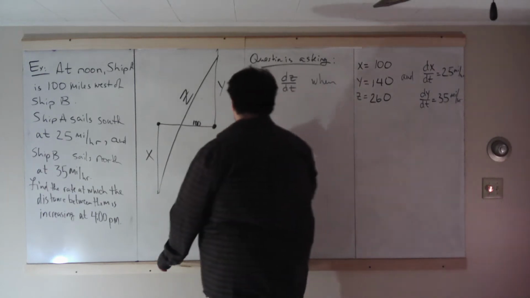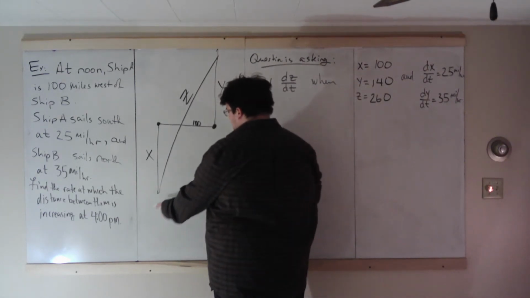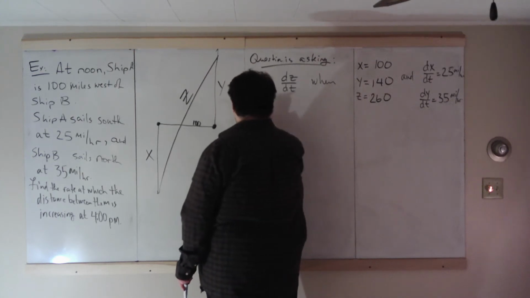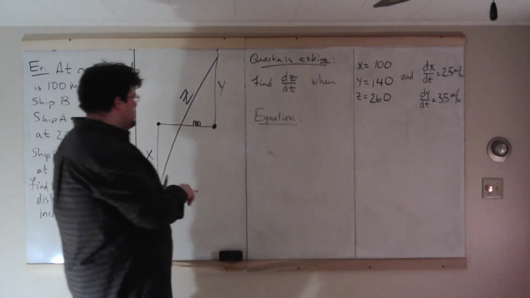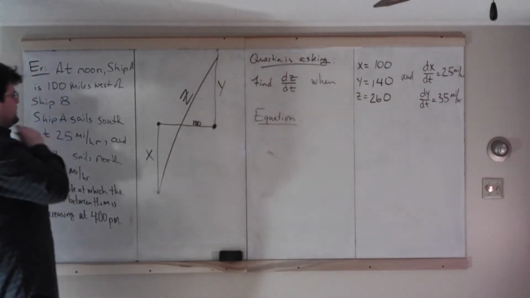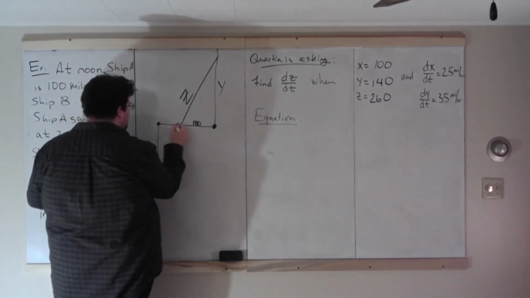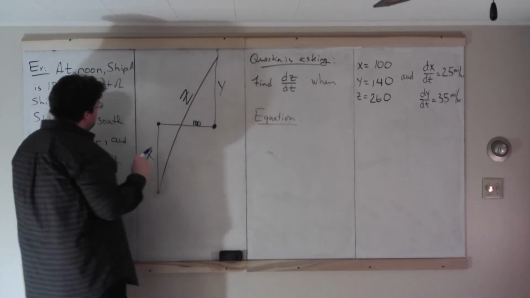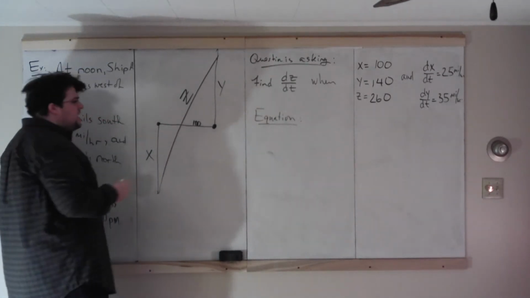What's our equation? Oh, I probably should have told you to leave a gap here. I didn't. Well, that's okay. Equation. I don't see an obvious relation between x, y, and z. You can try to break this down, but where this z line intersects this 100 changes as time is changing.